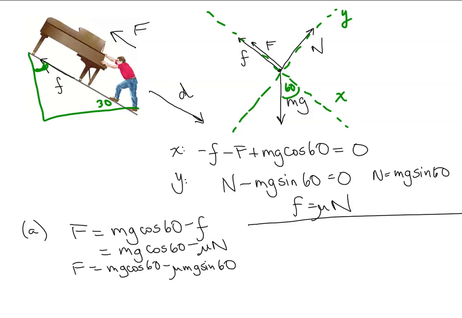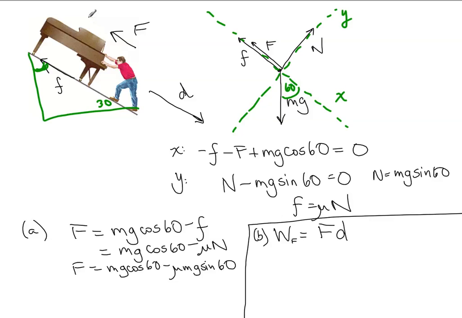From then on, all we're calculating is work. So for part B, they want to know the work done by the man on the piano. Well, that work, the work from the big F force, is going to be the big F force that we just calculated times the displacement, which they gave us.